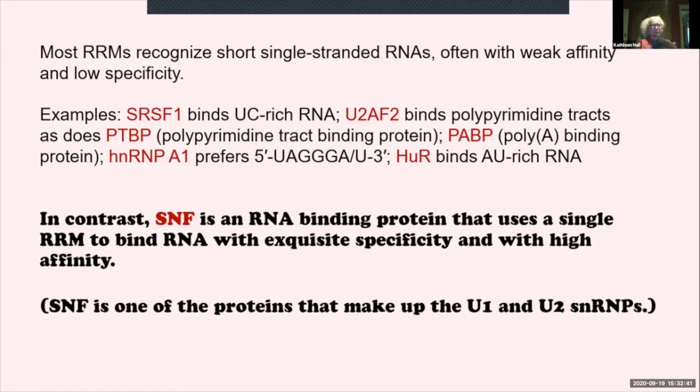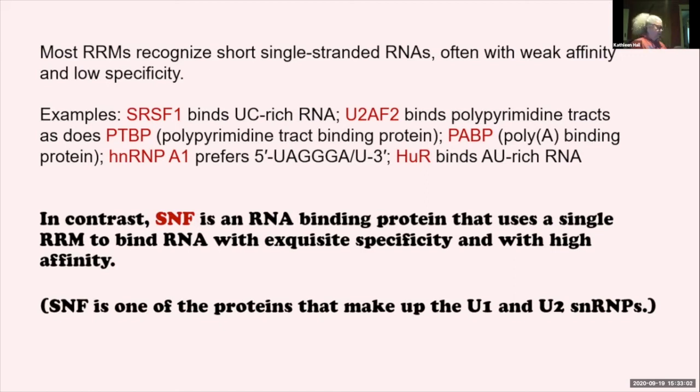A single one is going to bind RNA. And one of the reasons we were very interested in this is because it's one of the few that we know about, maybe one of the only ones we know about, that binds with very high specificity and high affinity to two different RNAs. And we wanted to understand how it did that.